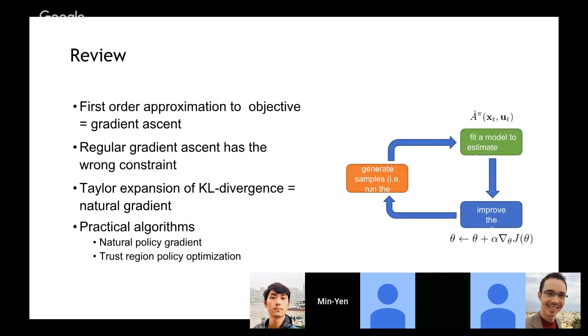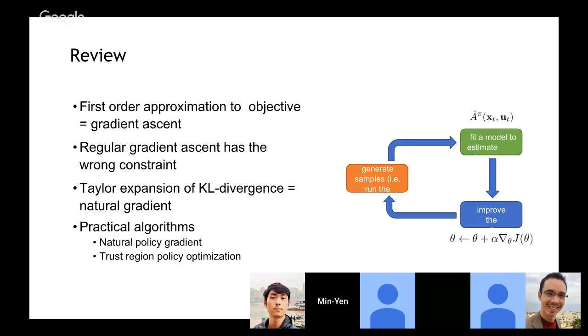Then we can take a gradient step as in policy gradient, and in this case we have a constraint because we're bounding the probability of the new theta. If we use KL divergence with Fisher information, it becomes natural gradient, and then we can use this algorithm.